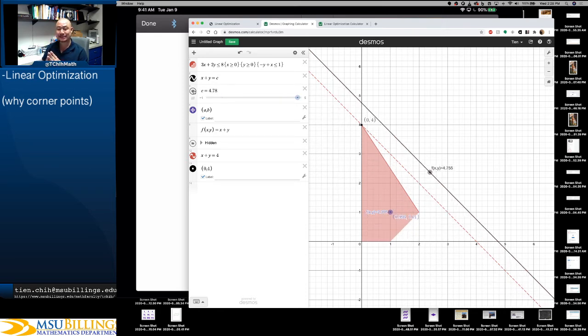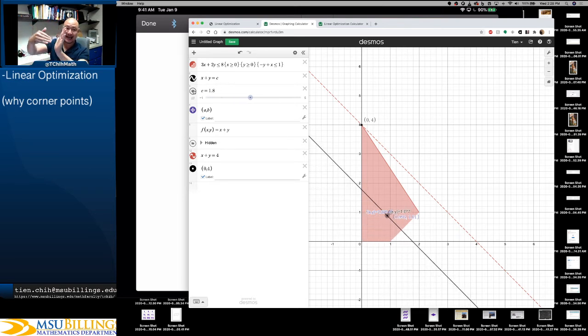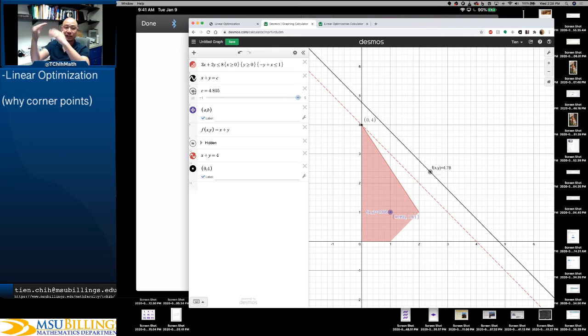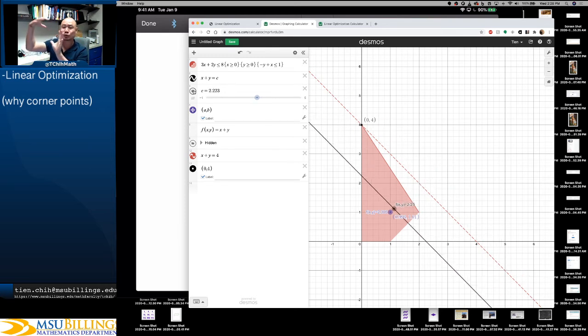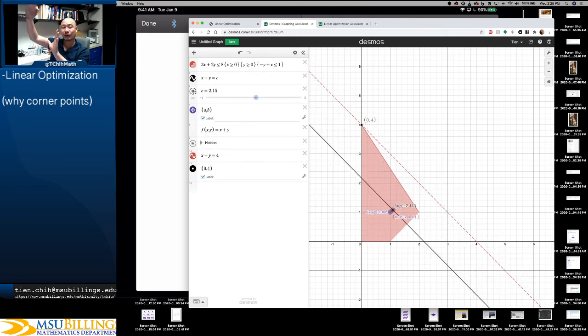So the point is that whenever I do one of these problems, I get a bunch of lines, and half of the lines coming together to form some sort of polygon. And what I'm basically looking for is some sort of value c to push a line out as far as it can go, or as far in as I can go.